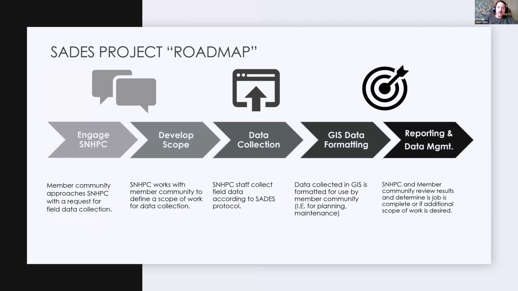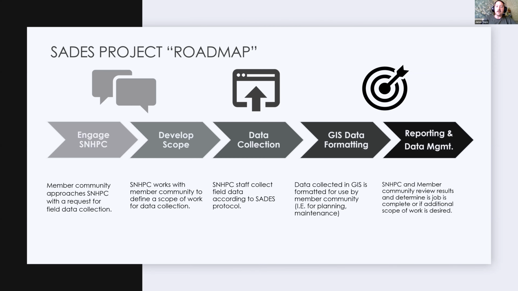So just a quick recap. I'm just going to go back through a roadmap of the process for how one of these SAIDS projects works. So the town will engage with Southern New Hampshire Planning Commission. A member of a municipality would approach SNHPC with a request to collect field data. SNHPC staff would work with the community to define a discrete scope of work for data collection.